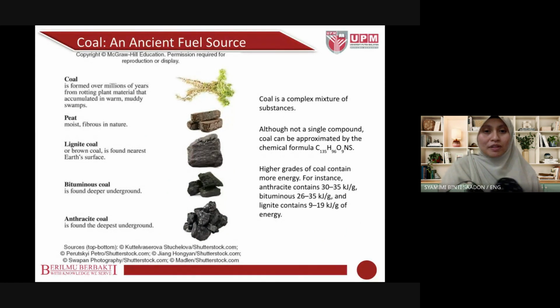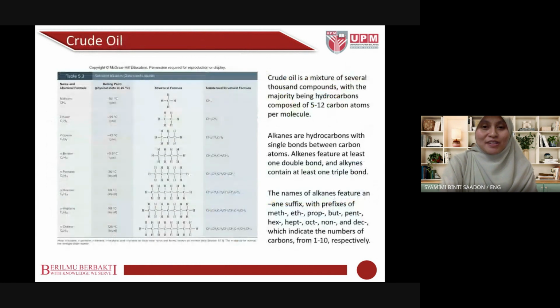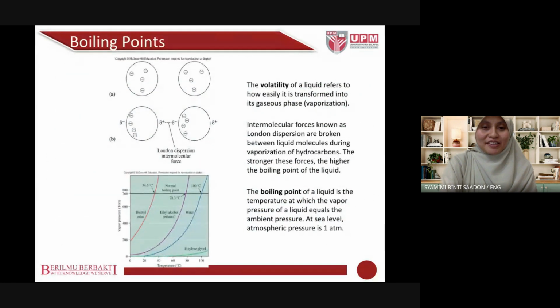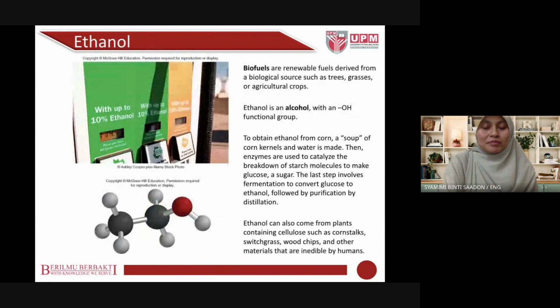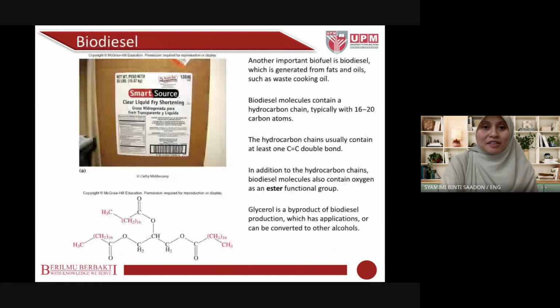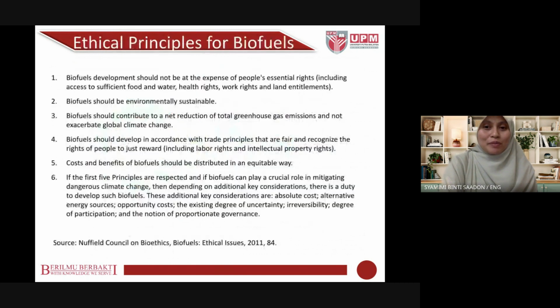Examples of other fuel sources from coal, peat, etc. This is all extra data: the distillation process, ethanol, examples of biofuels, etc. The rest is more like extra information, data. You can read if you want.